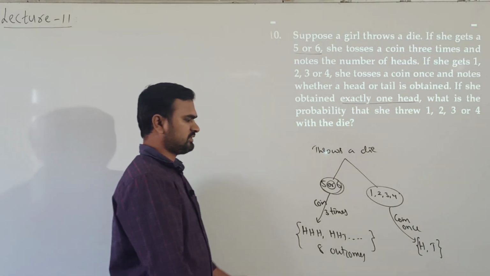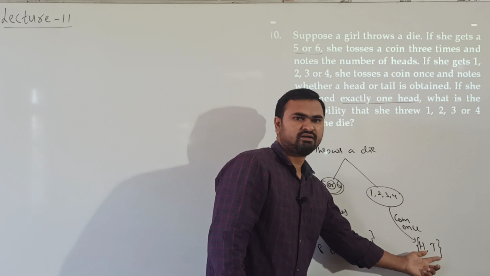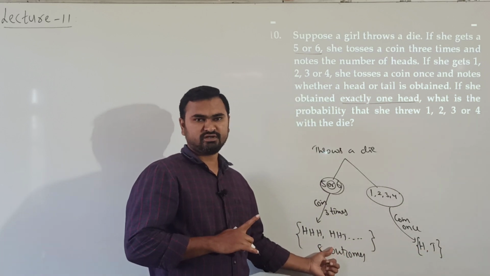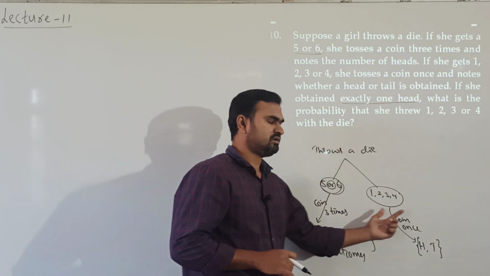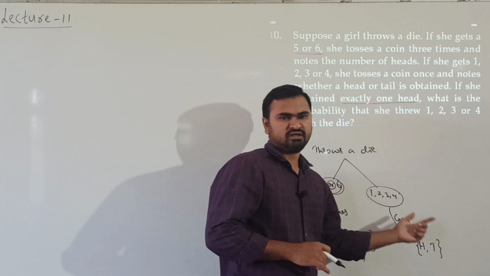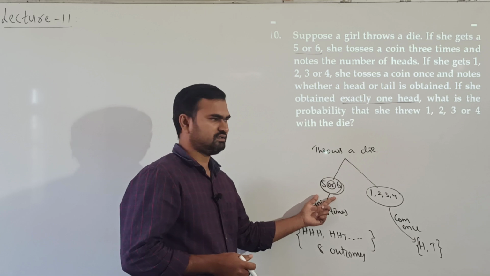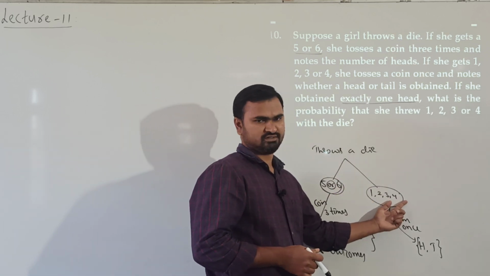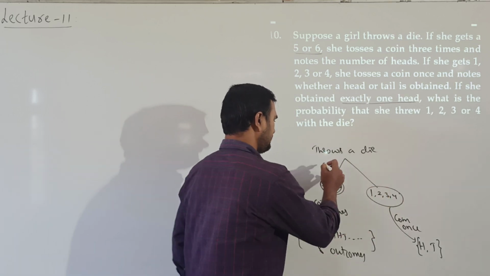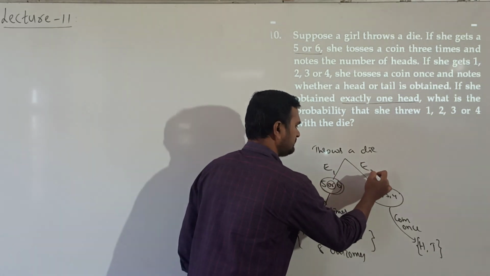So what is the common event here? Getting exactly one head is the common event, which may occur in this case or in this case. And the two events we have to take are getting 5 or 6 on the die, and getting 1, 2, 3, 4 on the die. So these are the two events I can take, E1, E2.